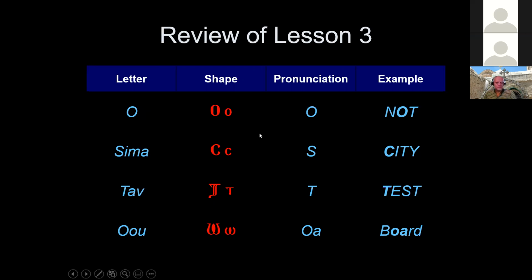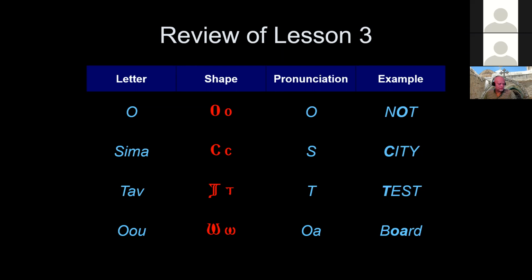Okay, Gabby, can you do the next set of letters? Sure. U or O, shaped like an O, pronounced like an O, like not. Sema looks like a C, pronounced as an S, like in city. Good.